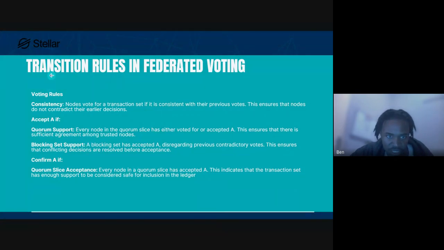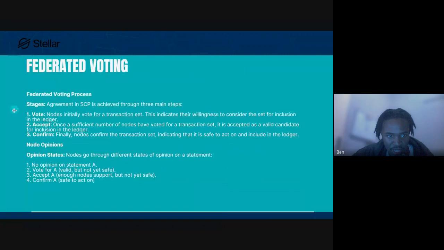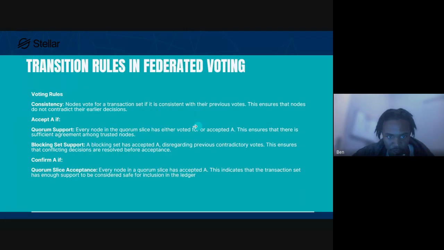And when we talk about a transaction, it can be like me sending you some XLM. So the transition rules in federated voting: there needs to be consistency, and nodes vote for a transaction set if it is consistent with the previous vote. This ensures that nodes do not contradict the earlier decision.